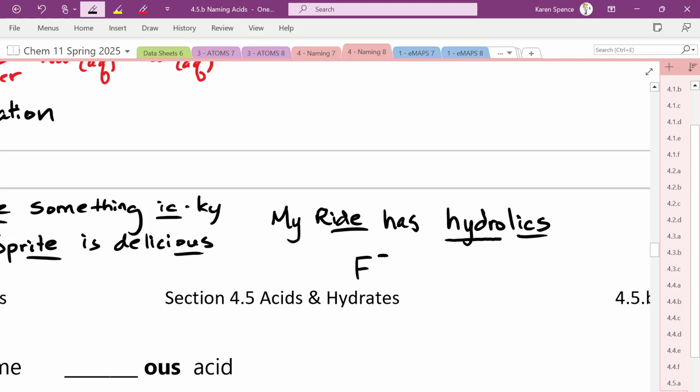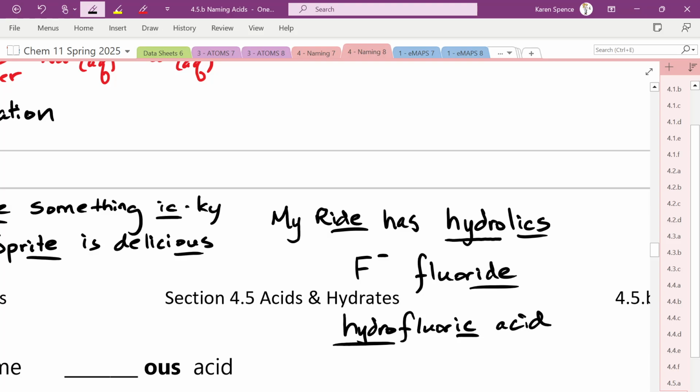There we go. F minus. That would be hydrofluoric acid, because that is from the fluoride ion. So when the ion ends in ide, we put a hydro on the front and an ic on the end, and then we write acid. Okay?